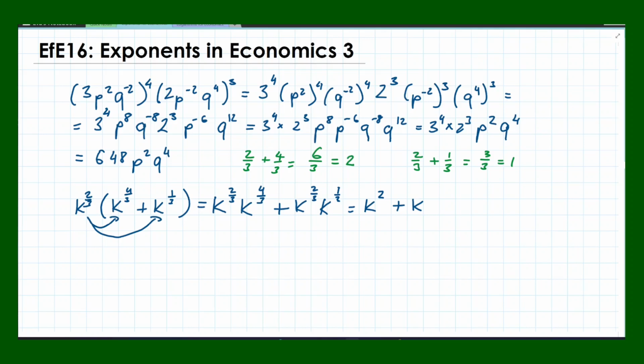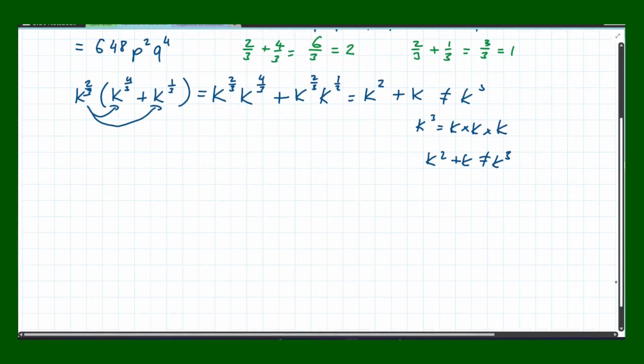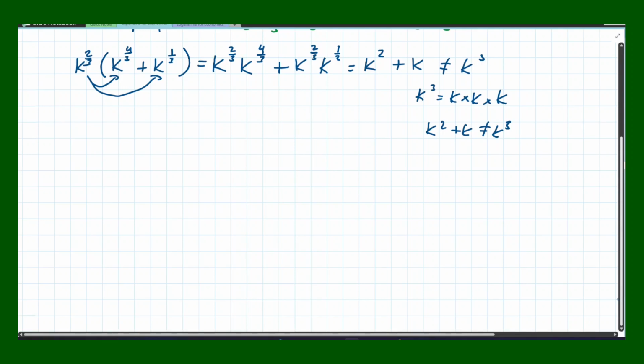And this is how I'm going to leave the answer, because k squared and k are two different quantities. It is definitely not equal to k cubed. Remember, k cubed is k times k times k by definition, and k squared plus k is not equal to k cubed. Okay, let's make a bit more space and then look at the next question.